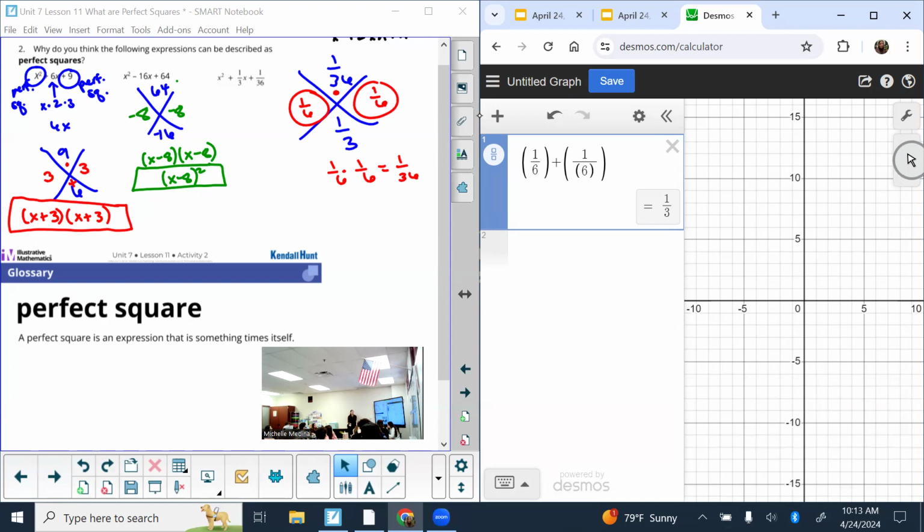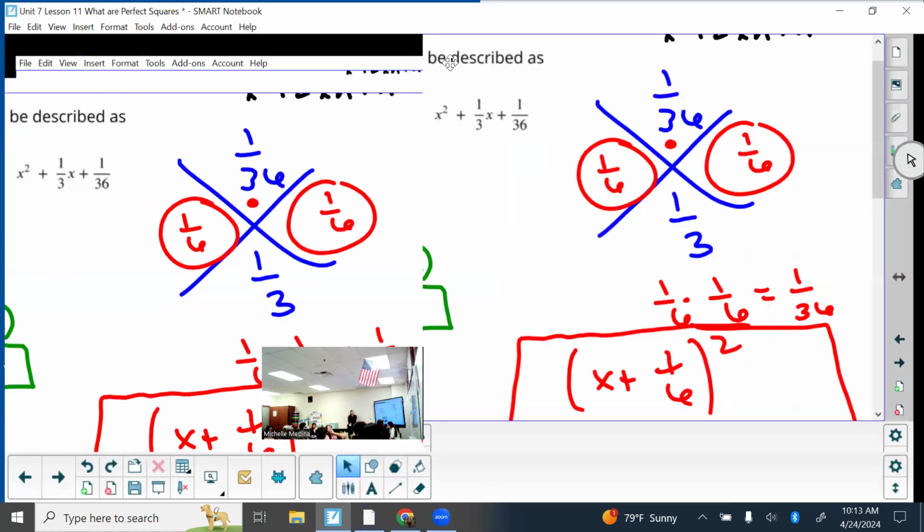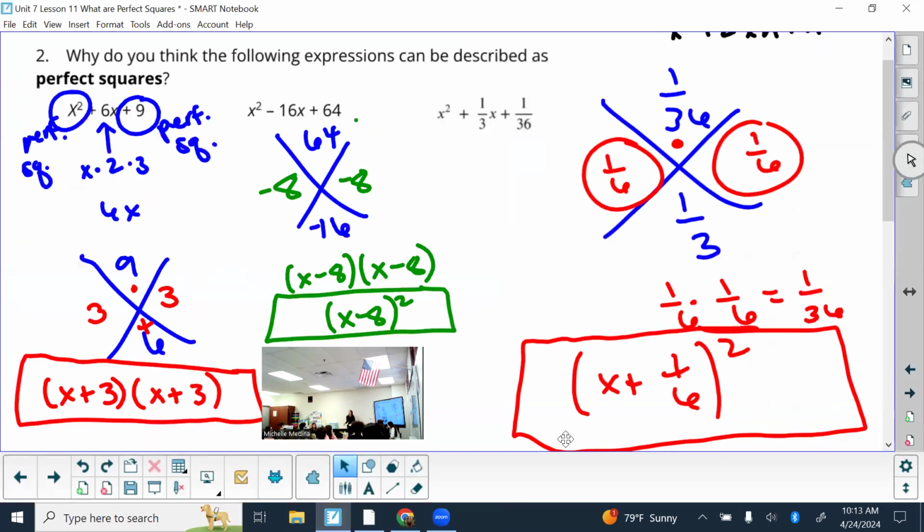So it does add to 1/3. So my factored form would look like this: x plus 1/6 in parentheses, squared. Or you can expand it if you want, but because it's the same number that is making the diamond work, that makes it a perfect square.